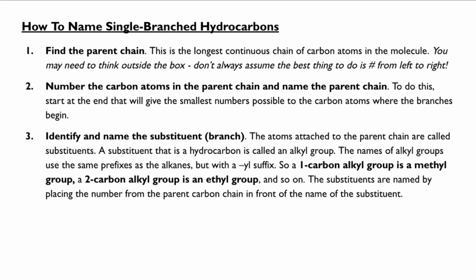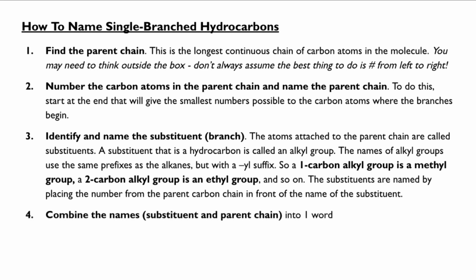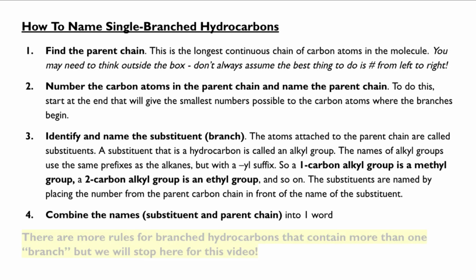The names of alkyl groups use the same prefixes as alkanes, but with a yl suffix. So a 1-carbon alkyl group is a methyl group, a 2-carbon alkyl group is an ethyl group, and so on. The substituents are named by placing the number from the parent carbon chain in front of the name of the substituent. And then finally, you are going to combine the names of the substituent and the parent chain into one word. Again, we're going to do an example in just a moment.